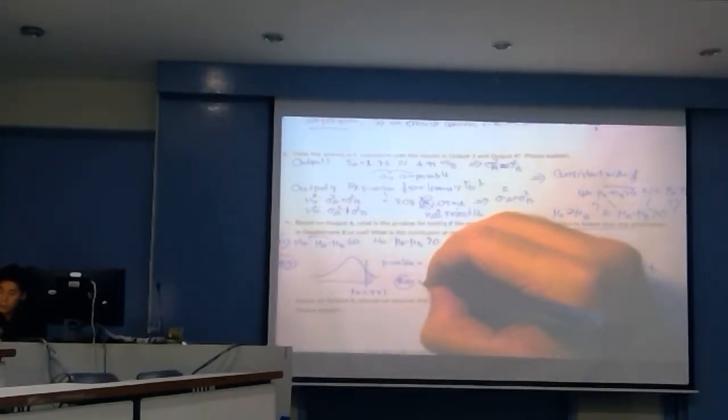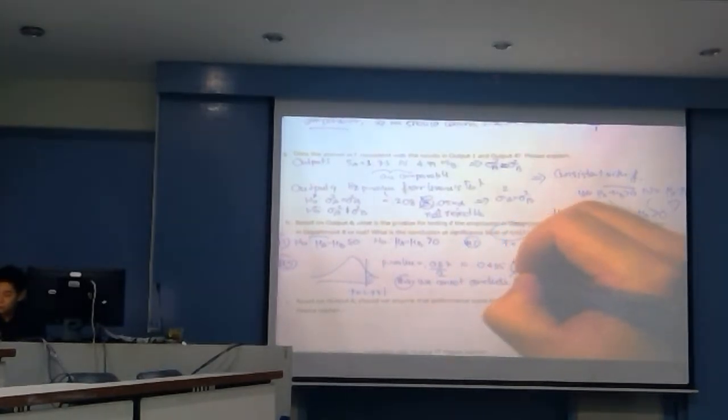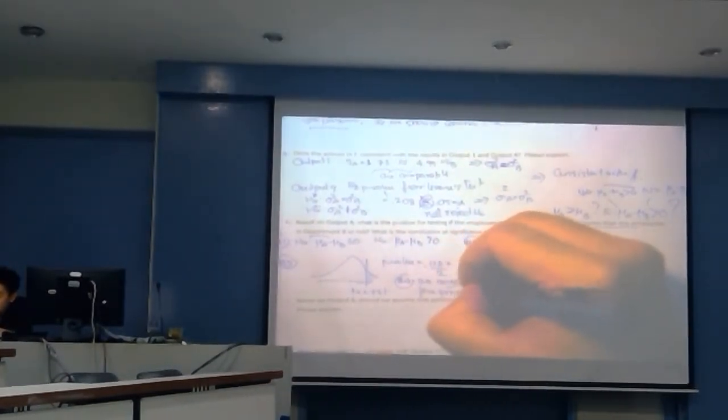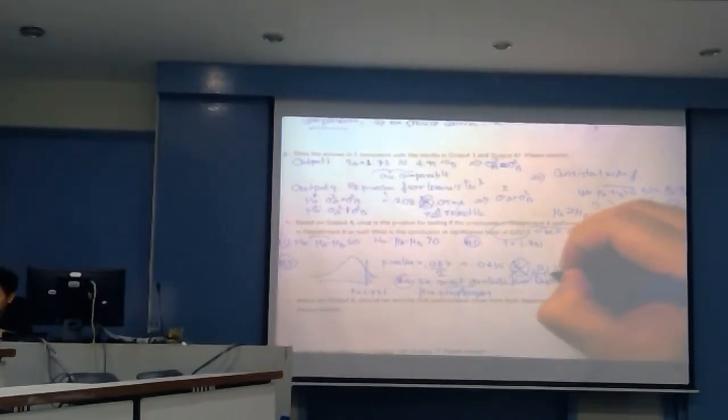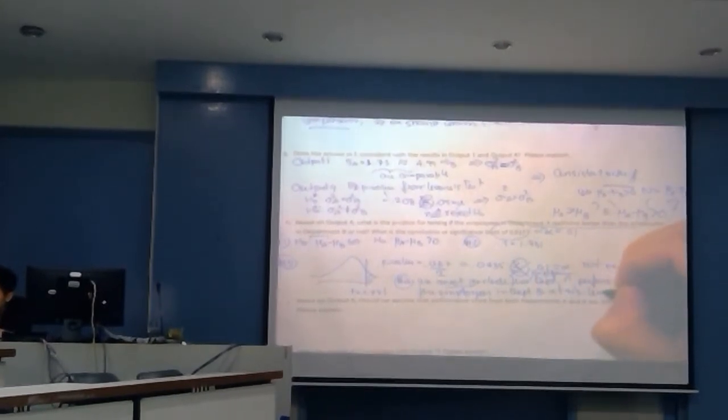So at the end, in step 4, we cannot conclude that department A performs better than the employees in department B at a significance level of 1%.